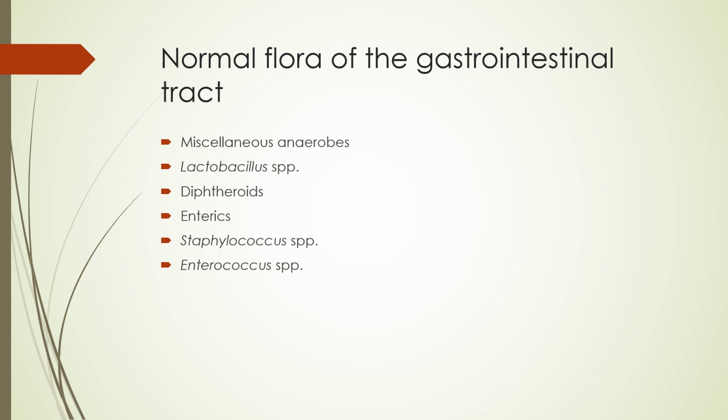Entero means gut. Now keep in mind there's no normal flora in the stomach because the stomach has a pH that is inhospitable for most bacteria. It usually has a very low, acidic pH. Now in the large intestine there's hundreds and hundreds to billions and billions of bacteria.